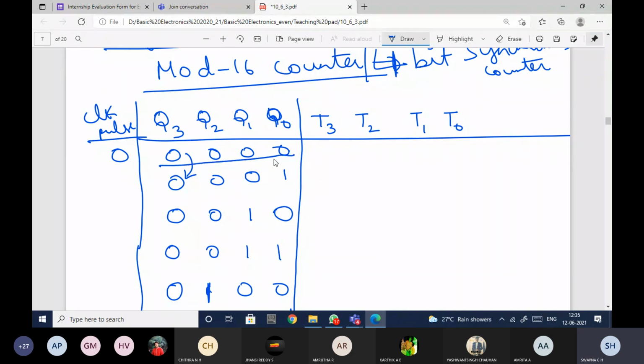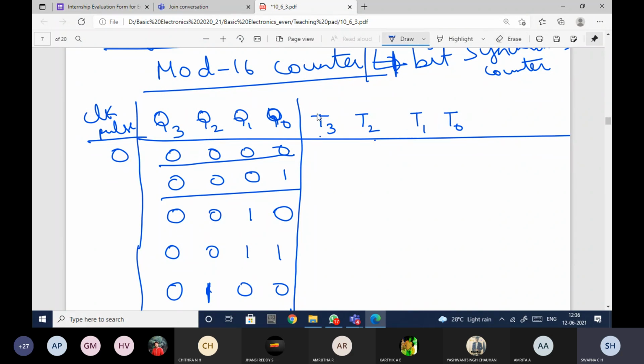This is the present state, ma'am. I need to get the next state as 0 0 0 1. What should be the values of T3, T2, T1, T0 so that my next state will be this one? For that I have to fill in the entries for T3, T2, T1, T0.